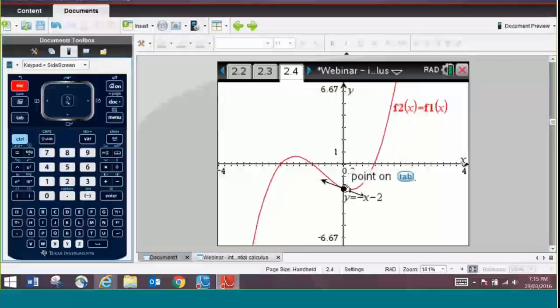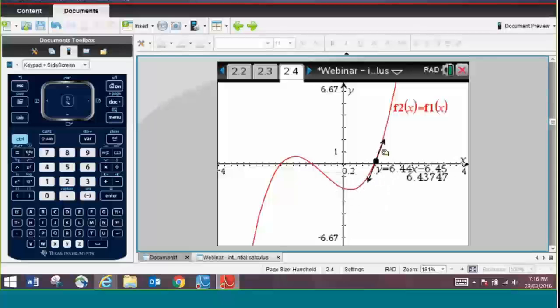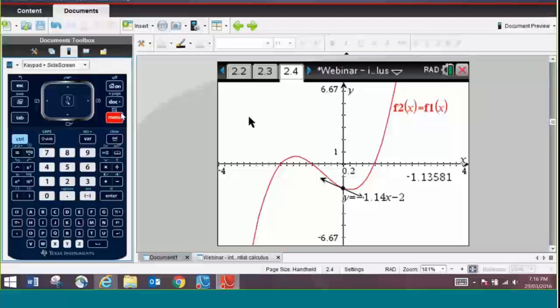And then what I can do is move that around and have a look, so you can see how the gradient changes, what happens to the tangent, etc. But we'll try and get back there. Just missed it. Sorry. I'll quickly do that again.